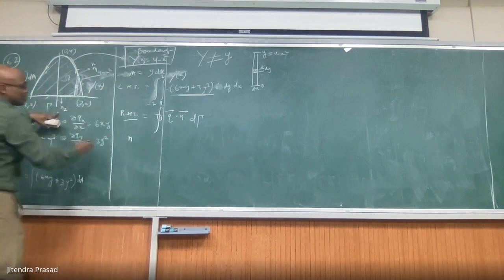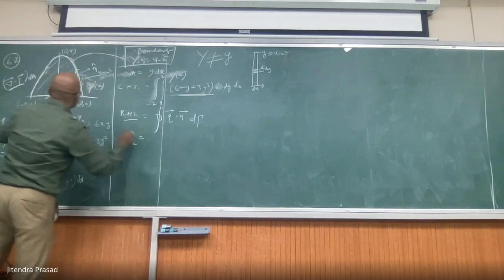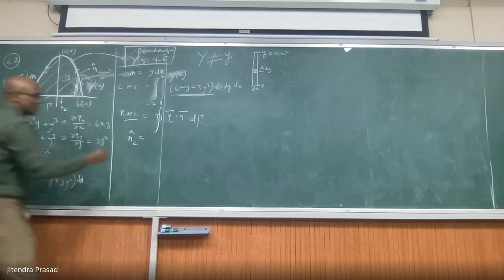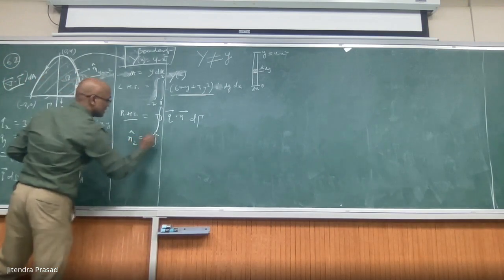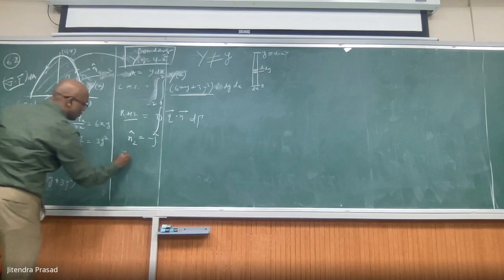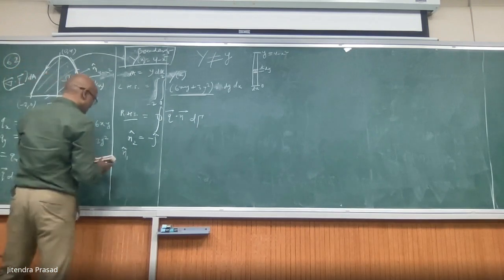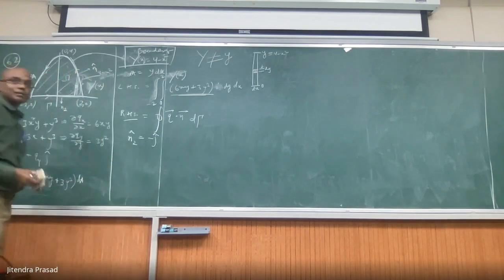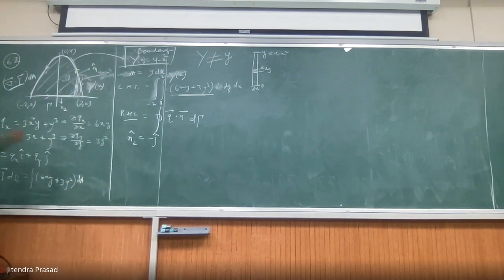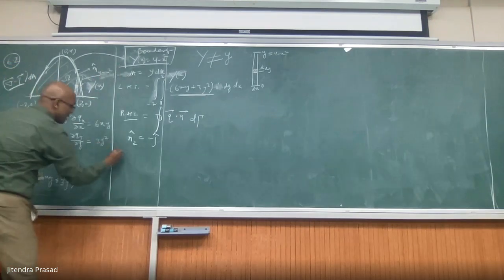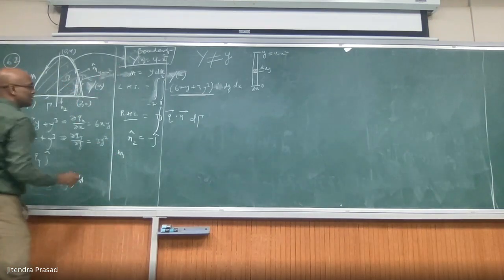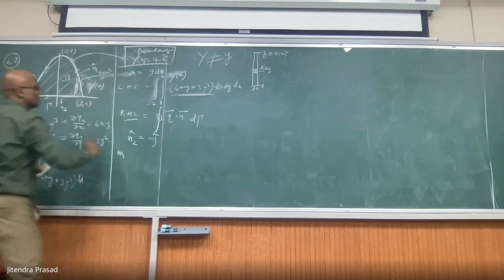What we know is n2 is very easy to know. n2 is downward, so you say minus j simply. n1 is something we have to find out, and that we do from the gradient. Yeah, so then we have to find out n1, which is the gradient of this curve.